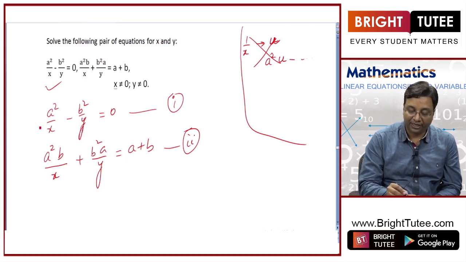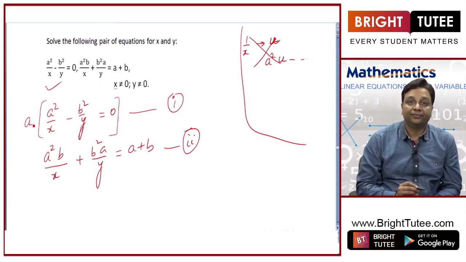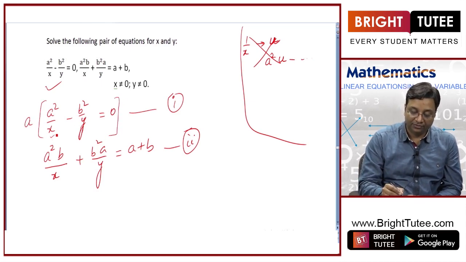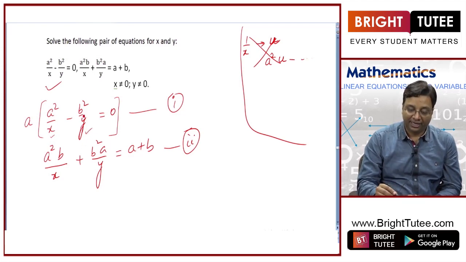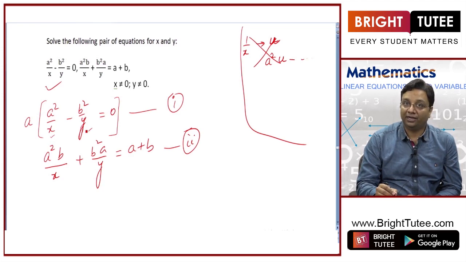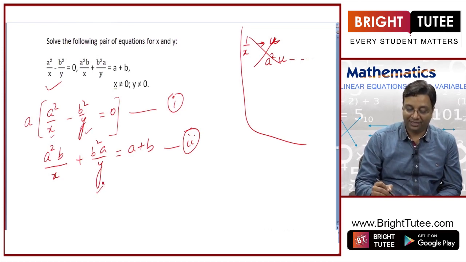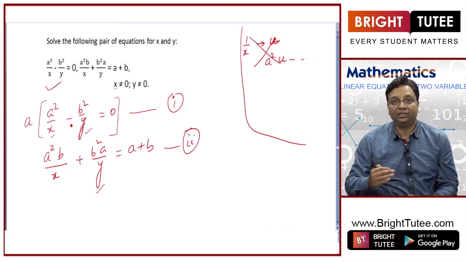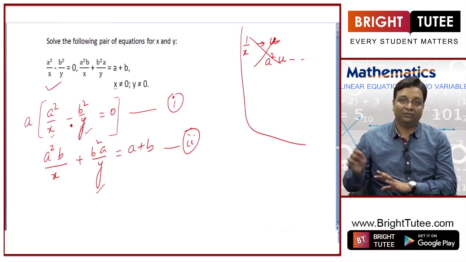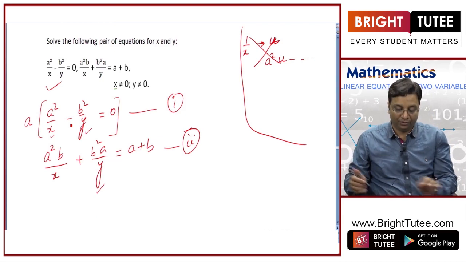If I multiply the first equation by a, this term will become a cube by x, but what will this term become? a b square by y, which is the same as this, but with a negative sign. So we will add these equations and eliminate 1 by y, or variable y.